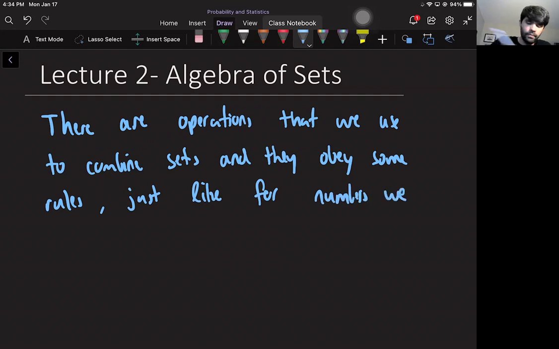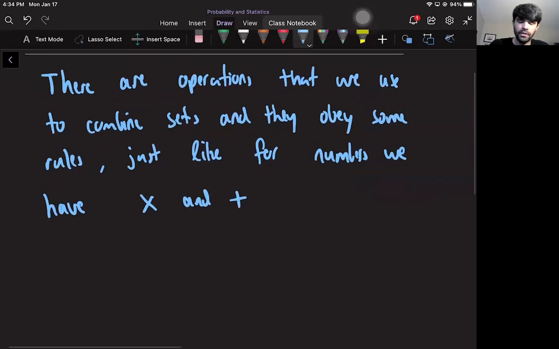We have operations like times and plus, which we can stick together under some rules. So for example, we have the distributive property, which says that we can do something like this.